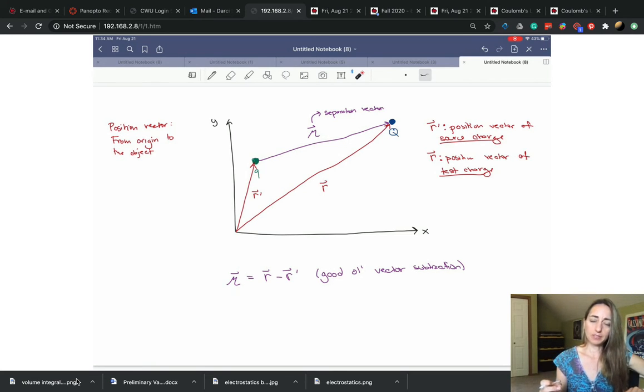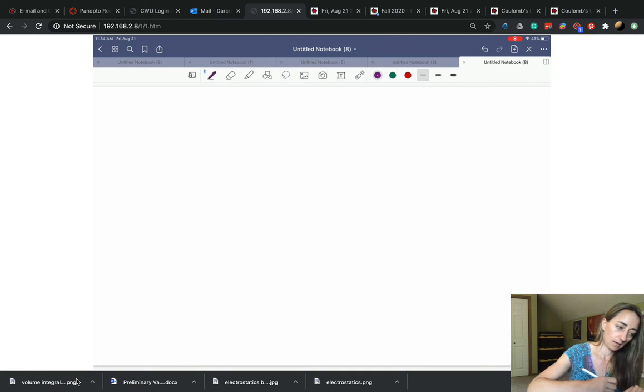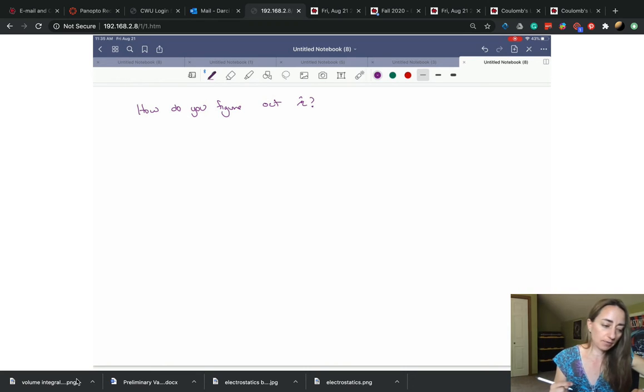All right, so that's the separation vector. Let's talk about our unit vector, script r hat. So how do you figure out our script r hat? This is our unit vector that's in the same direction as our separation vector.